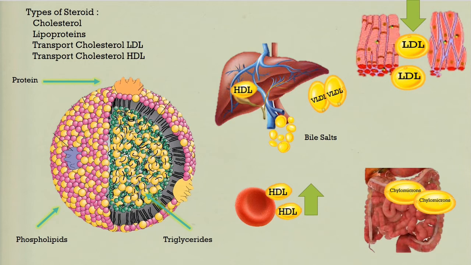And we have stated the facts that if LDL is high, then it will result in hypercholesterolemia. That is a high deposition of cholesterol. And in that case, the cholesterol cannot enter the cell and be metabolized. And we have discussed in the previous slides that there will be formation of atherosclerosis or the plaque at the walls of the arteries.